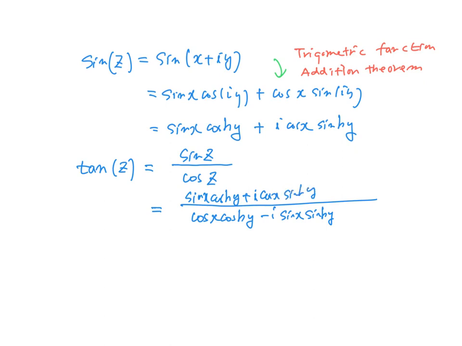Oh, looks a little bit complicated, right? So let's try to simplify. The easiest way of simplifying is just to multiply by 1. So I'm going to multiply the complex conjugate over the denominator.